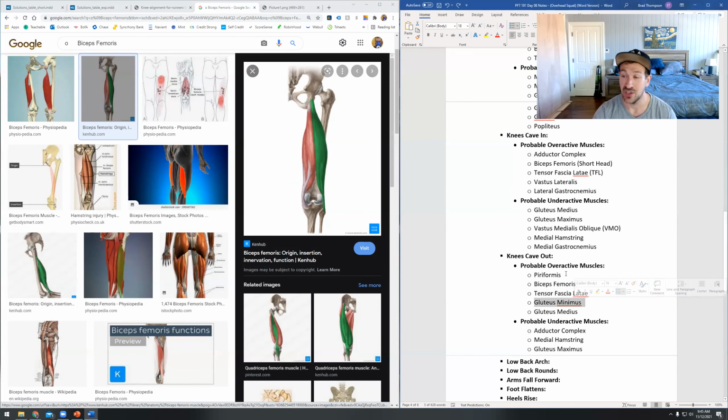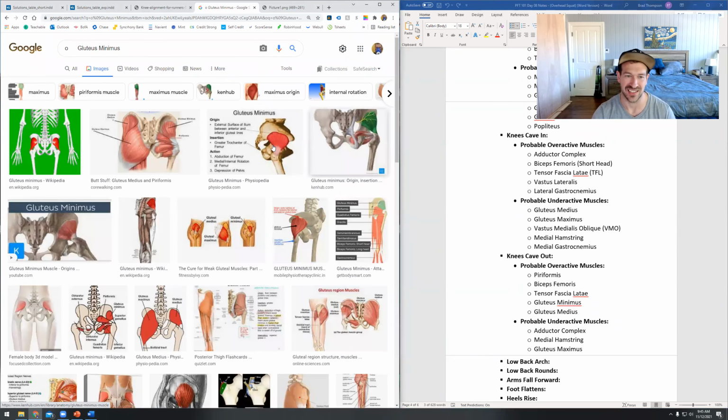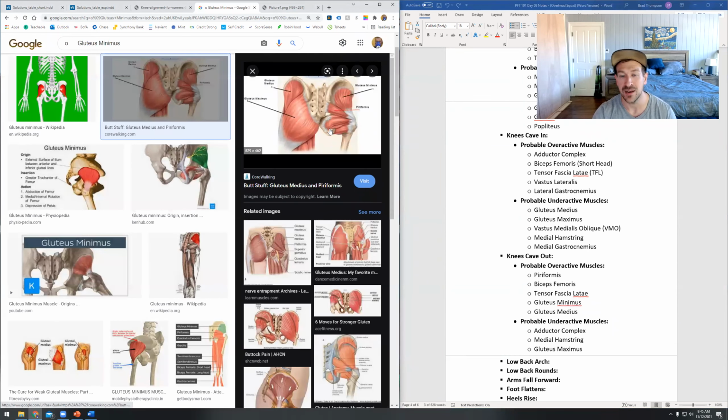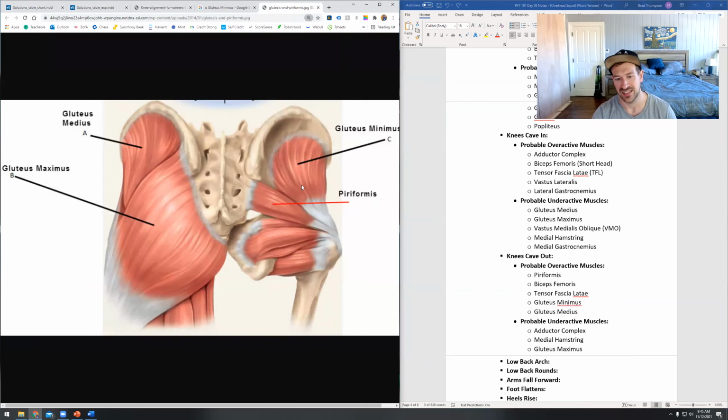And then the only time you are going to see glute muscles listed on our overactive list, it's going to be your gluteus minimus, which shares fascia with that TFL. So the minimus is on this inside ridge, right? There's the piriformis coming across. There's the gluteus minimus coming across.